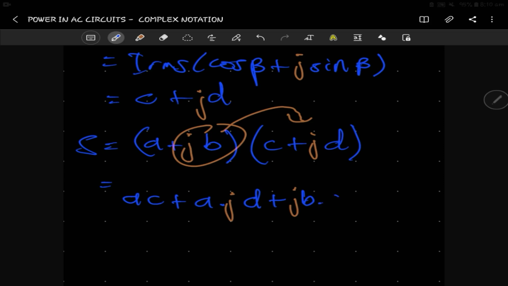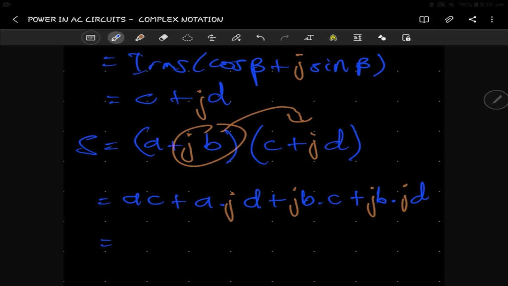C, so J B times C. But we have another plus again, and then we have J times B multiplying J times D. Okay, so now let's see what's happening. We finish with this.